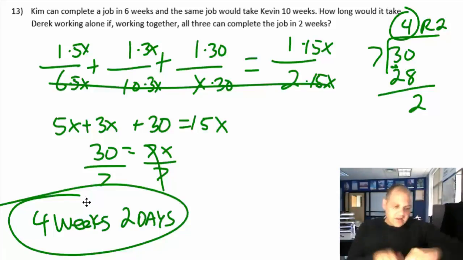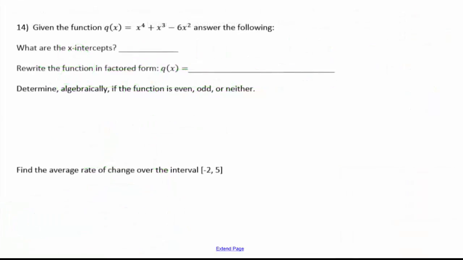All right, last one, and then I'll have you on your way. All right, given the following function, answer the following: what are the x-intercepts? Okay, so what we're going to do here is we are going to factor, and to factor, we are going to take out an x squared here. So we have x squared as a common factor, and that's going to leave x squared plus x minus 6.